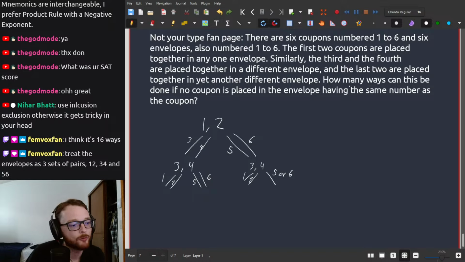Treat the envelopes as 3 sets of pairs. 1, 2, 3, 4, and 5, 6. But you don't occupy them as a pair, I don't think. Wait, 3 sets of pairs.